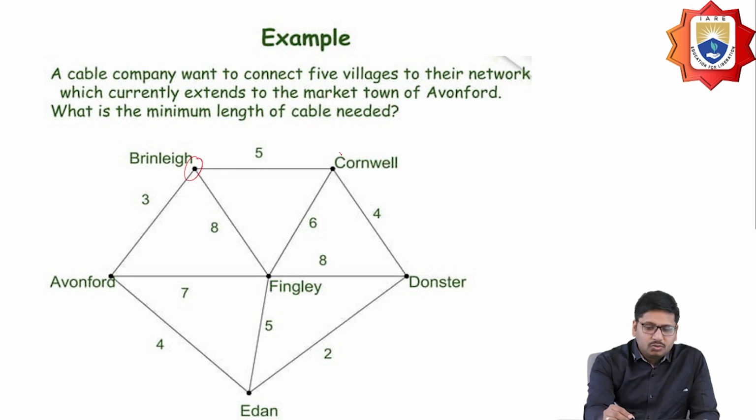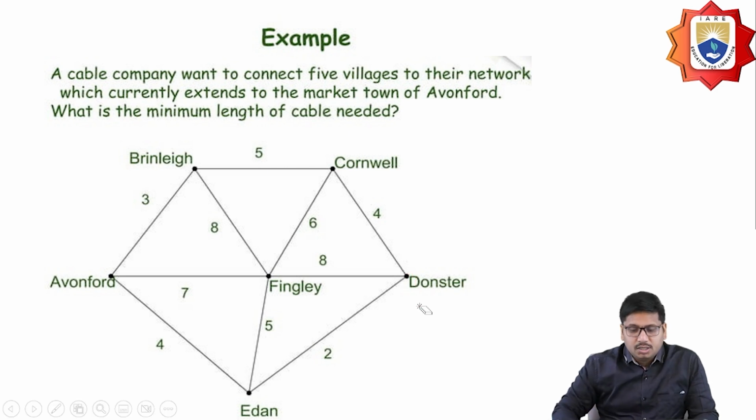From this village to Cornwall, the cable length is 5 meters, Cornwall to Downstream is 4 meters, Eden to Downstream is 2, Airport about 4, and Eden to Finley is the distance. These are the various villages where you can connect cables. So what is the minimum cable required to connect all the villages?